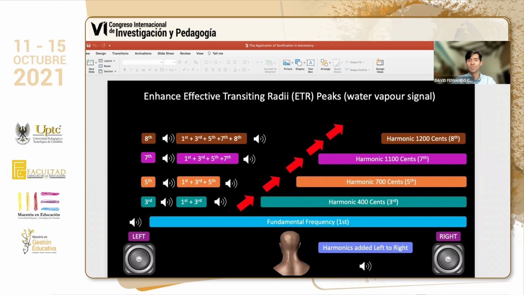Okay, so that's it. And you feel the sensation of the movement just coming from that. The tones are making it easier for you to hear that movement, basically. So that's basically the sound design that was used for this specific model.